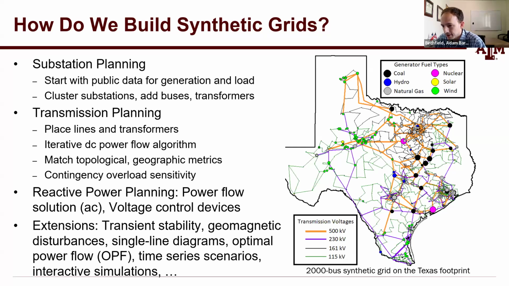One thing to notice about this grid is that we have 500 kV, 230 kV on the Texas grid. And if you know about the Texas grid, the fundamental voltages in most of the Texas grid are 138 kV and 345 kV, although there are active plans to extend with a 765 kV network as well.